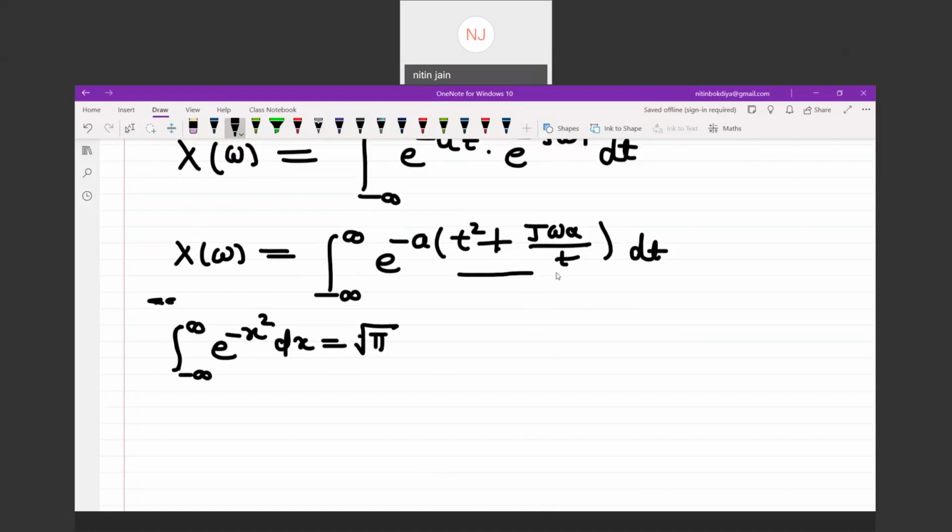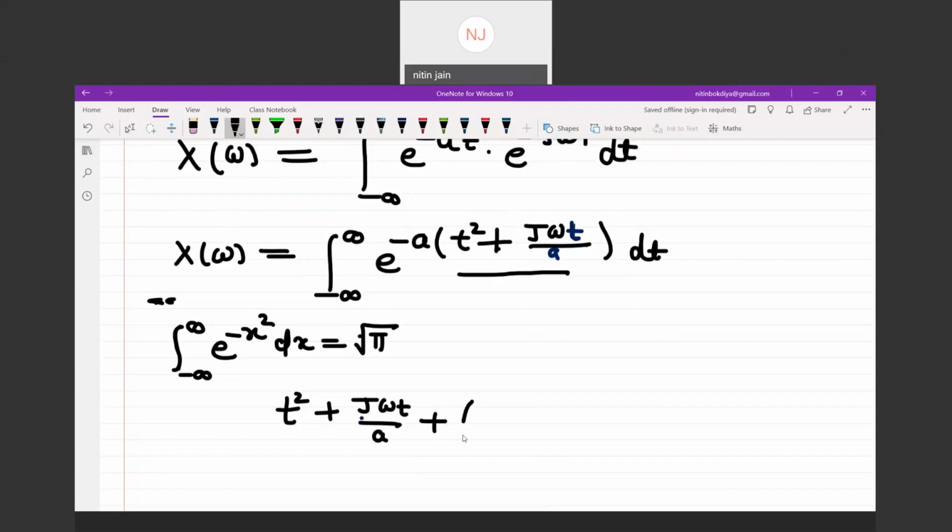So can I make this a perfect square? Yes. It is a times (t square plus j omega t by a), taking a common.